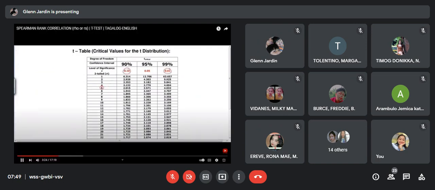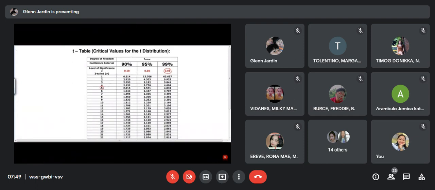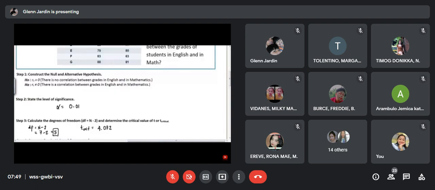Guys, 0.01 and 0.10 are different: 0.10 is 10%, 0.01 is 1%. This is their intersection, DF 5 and 0.01. So our critical value is 4.032. That is what we put as the critical value. Sorry, the dog is noisy, guys.